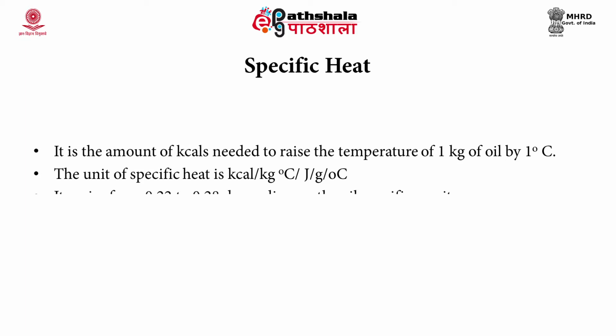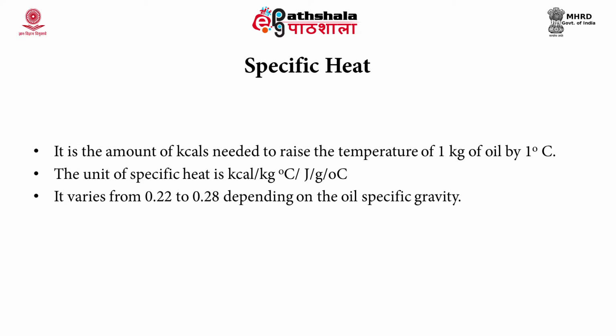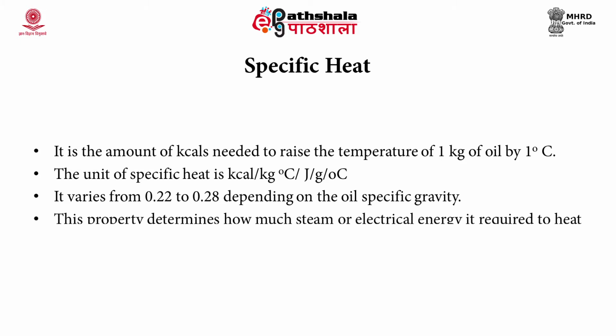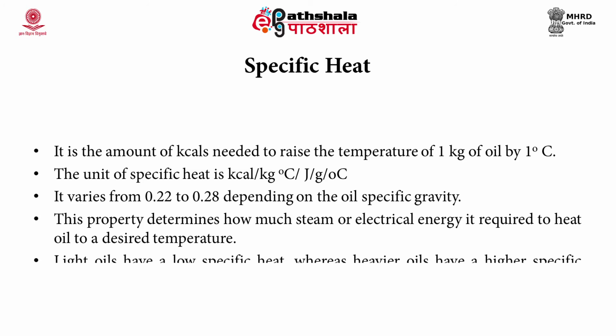It varies from 0.22 to 0.28 depending on the oil specific gravity. So, specific gravity is related to the specific heat, and this property helps us to understand how much steam or electrical energy is required to heat the oil or the fuel to a desired temperature. Light oils have low specific heat, whereas heavier oils have a high specific heat.